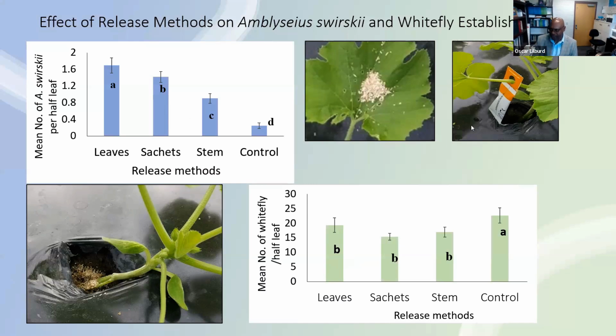What are the sachets? You can see on the top right-hand side there, these are, if you want to call it, small paper bags, and this paper bag has only a small amount of mites inside there, but it also has food inside there for those mites to feed on.